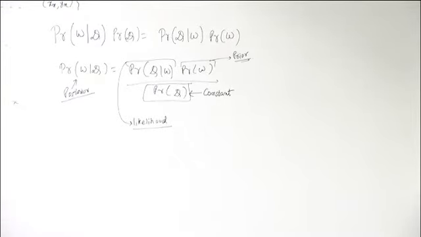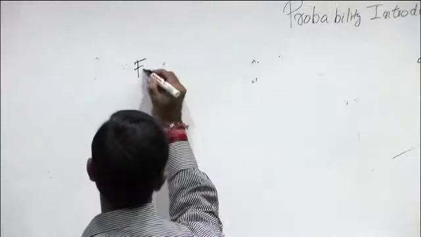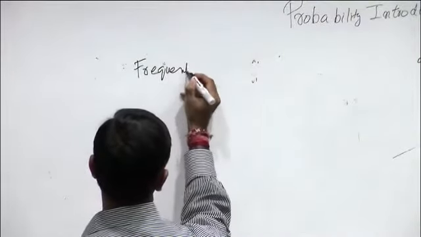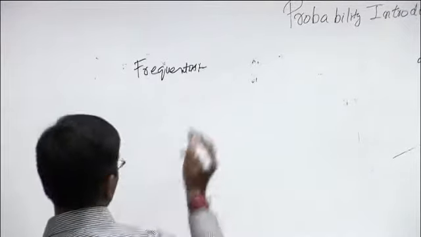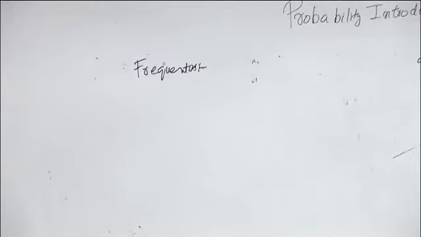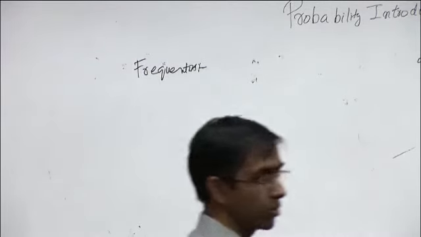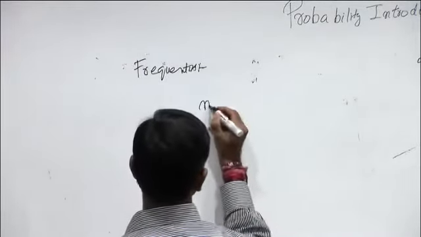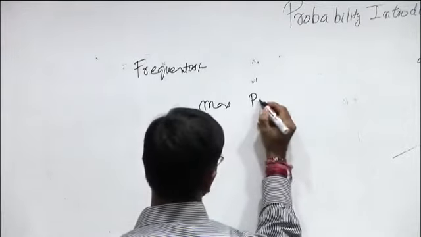Basically, frequentists will assume that w is not a random variable, w is fixed. That is, you can just ignore this probability of w term. You just want to maximize your likelihood.